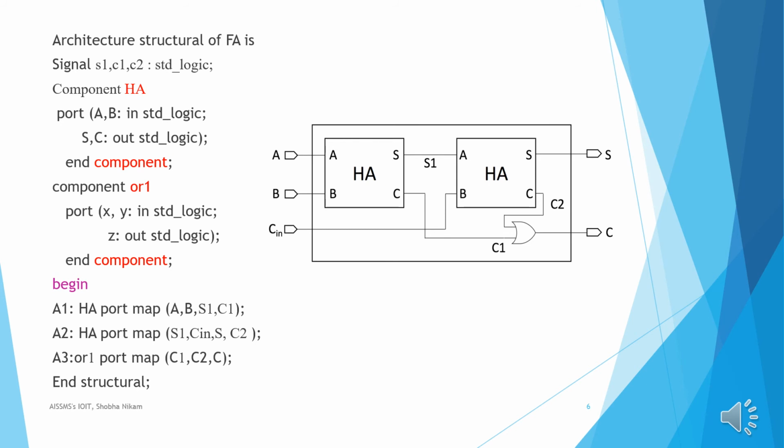Begin. A1, A2 and A3 are labels. A1, my first component, is half adder. The name given to that component is HA. So HA port map. Now I'm mapping my actual inputs and outputs with the imaginary component inputs and outputs. See the port map for half adder in the declaration part: the sequence is input, input, output, output, and in output, first sum is taken and then carry is taken.